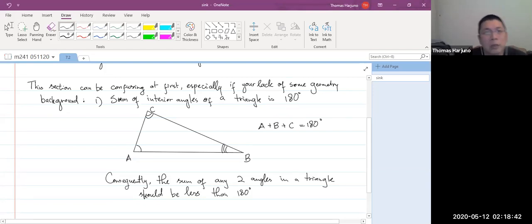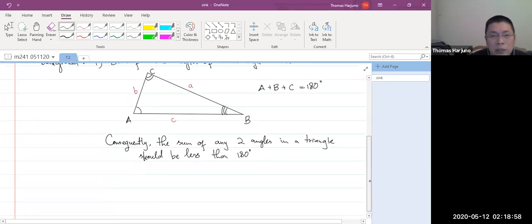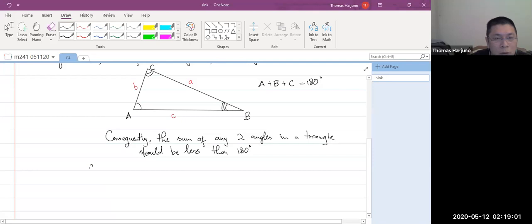The one that you may not know yet is the following fact. Suppose this is side a, this is side b, and this is side c. Another fact that we know is the larger the angle, the longer the opposite side.